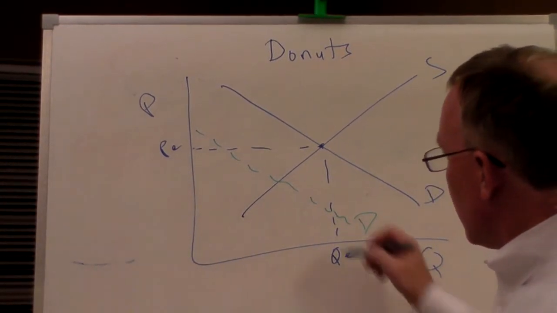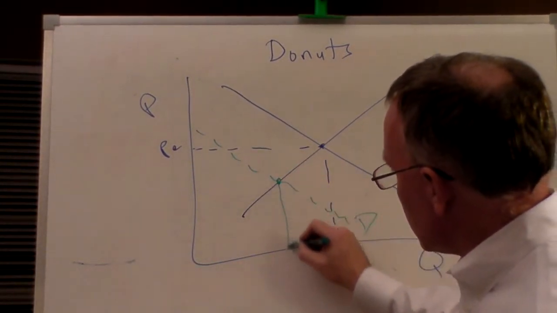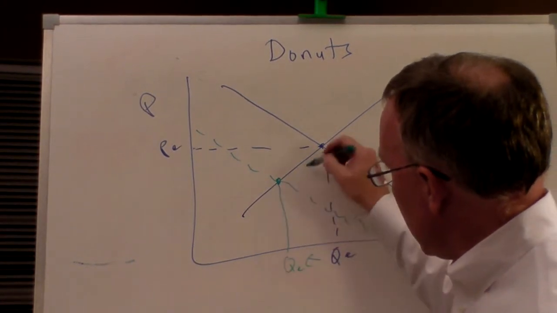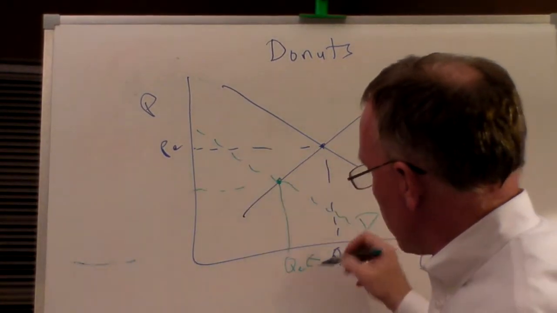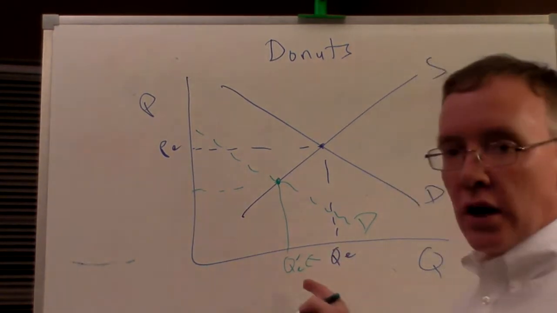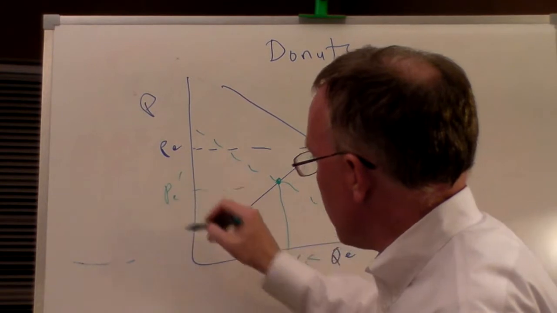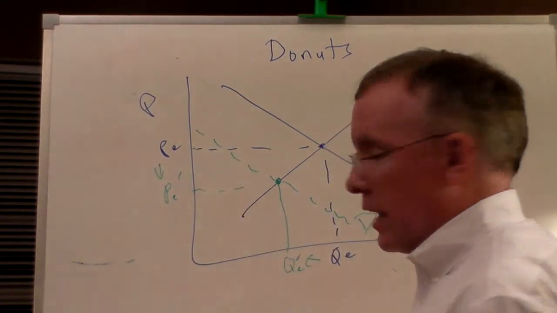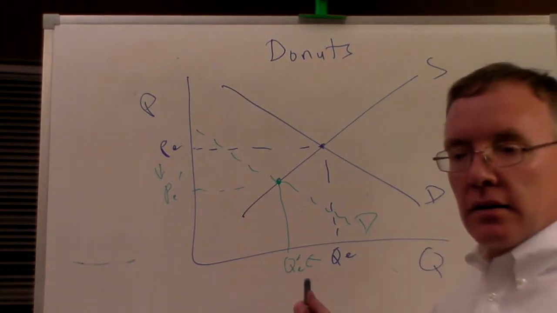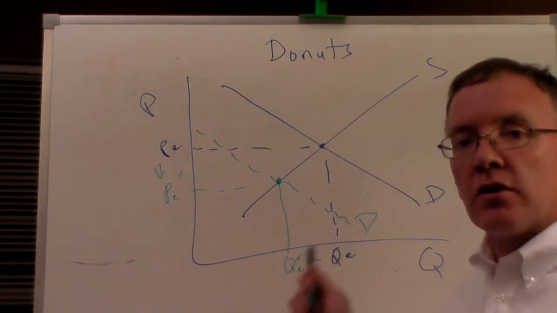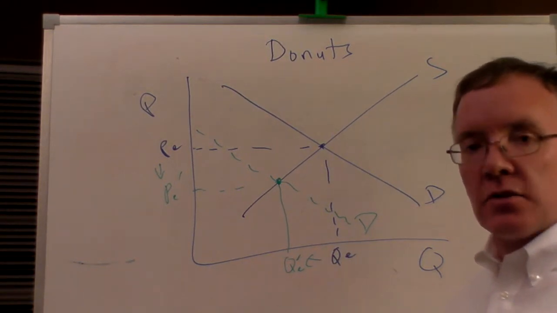And so we're going to end up at a new equilibrium, a smaller equilibrium quantity for donuts, and a lower equilibrium price. So I guess I should call this quantity equilibrium prime, and I'll call this price equilibrium prime. A lower price and a lower quantity when the price of a substitute falls. That's the result.